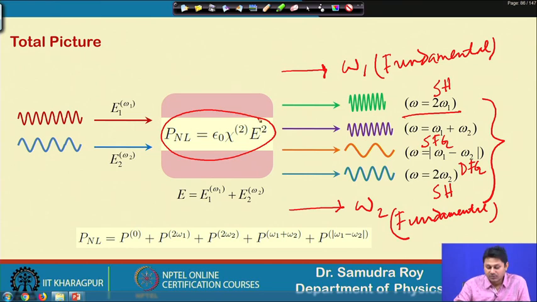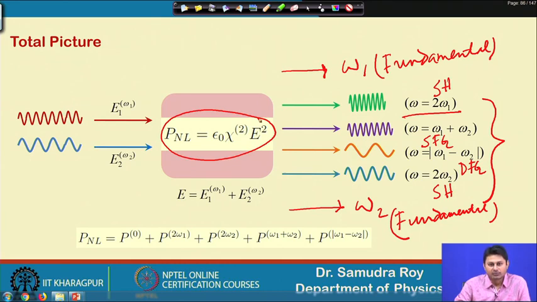So, which frequency will be generated and which not, how this frequency generation is activated, and what the efficiency of generating the second harmonic will be is the next important thing that we will learn in the next class. In order to do that, we try to understand the evolution of the amplitudes of the different frequencies: how the amplitude of the second harmonic and the amplitudes of the sum and difference frequencies evolve is very important.